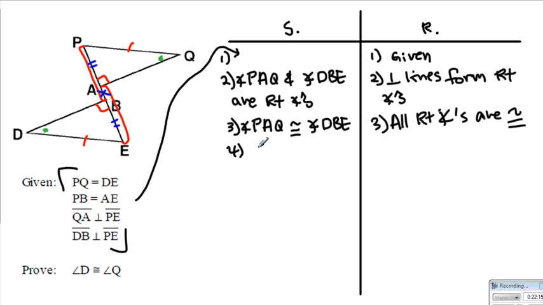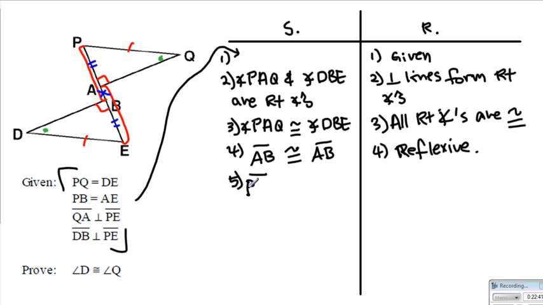Number four, then we can say AB is also congruent to AB, which is itself, and that's reflexive. Now, statement number five, then we can say PA is congruent to BE. There will be by subtraction postulate.